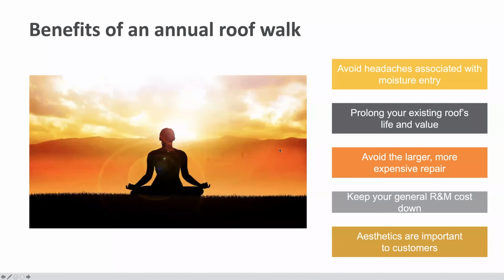So some of the benefits of that annual roof walk, while you're probably not going to be like this person chilled out staring into the sun looking at the mountains, is that this gives you an ability a lot of times to avoid those big headaches and the situations that occur when the water enters the building with the tenants and some of the friction that starts there, while also prolonging and stretching the life of your roof and avoiding those larger catastrophic issues with the bigger spend, to help with your annual budgets. And also, we're in a very competitive business, and having a nice, clean interior space often helps get that lease or keep that tenant.